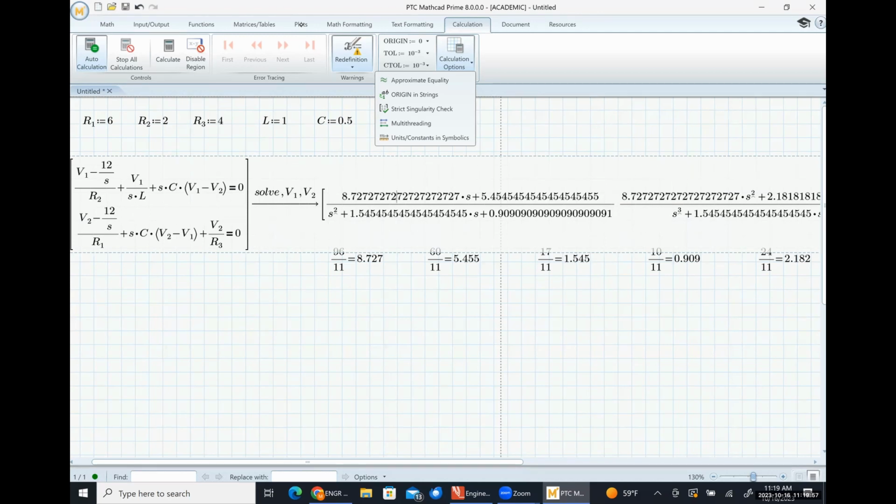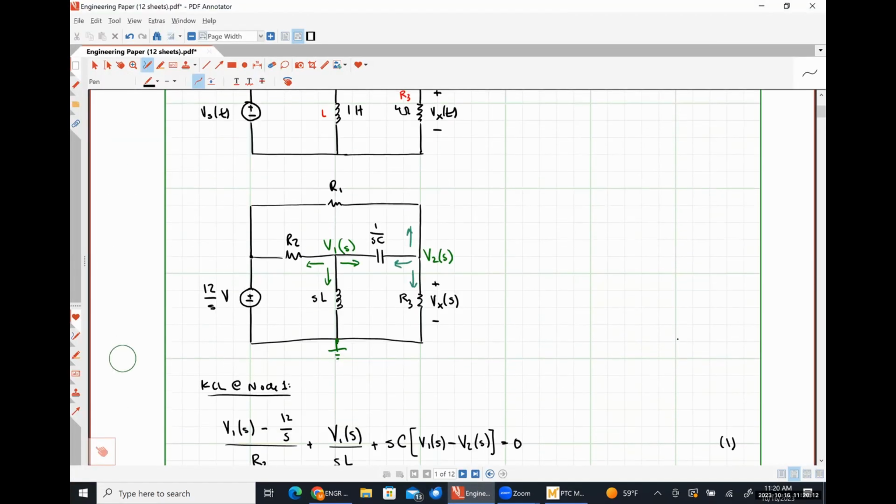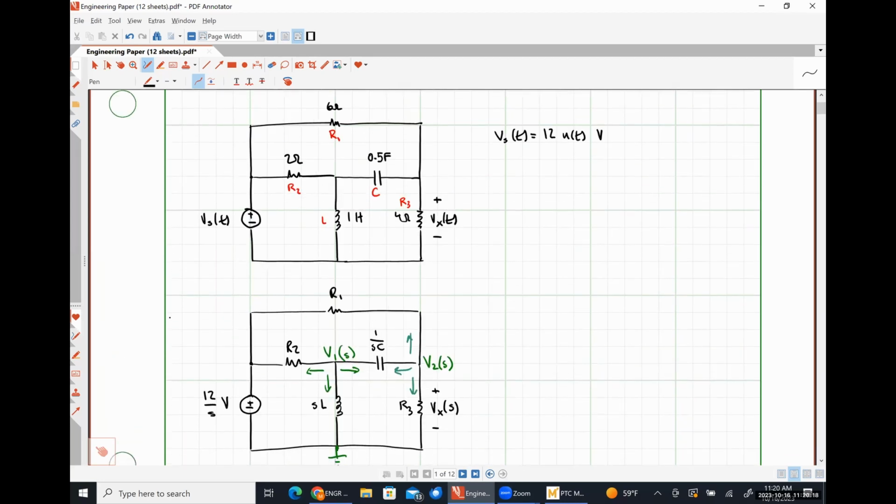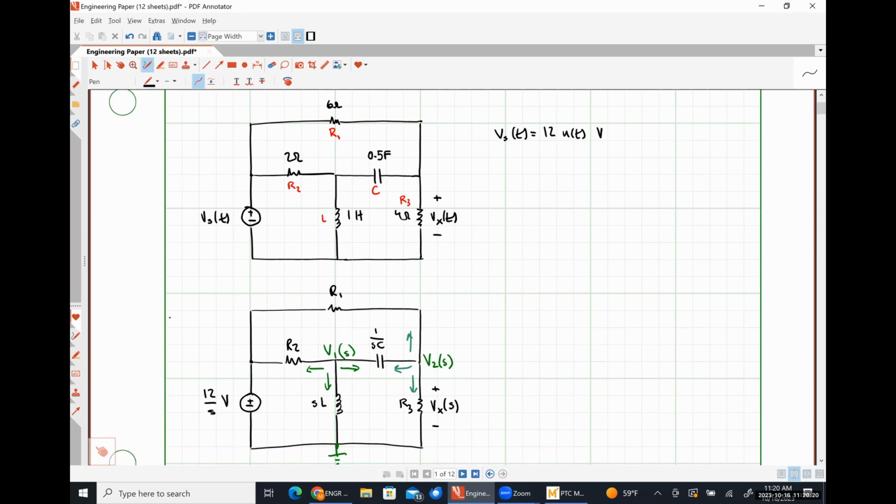I'm not saying that units won't work, but what I am saying is that the units are going to be a little bit wonky. And so what I mean by that specifically, if we look back at our original circuit diagram here, let's talk specifically about the change. Here in the time domain, this voltage is very obviously measured in volts.